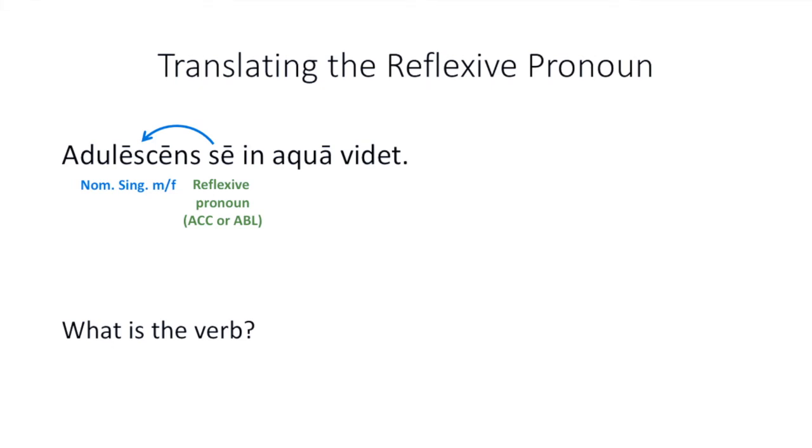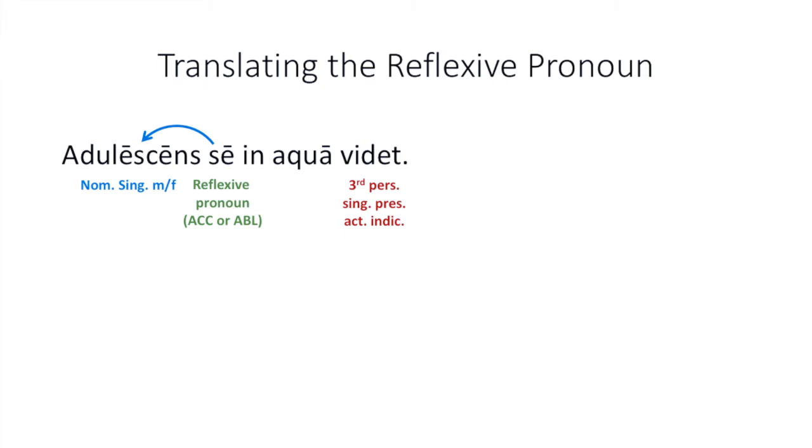Just like se can be masculine, feminine, or neuter, and singular or plural, based on the sentence. So the next question to help us translate it is to find the verb. And I'm sure you've already figured out that videt is your third person singular present active indicative verb.